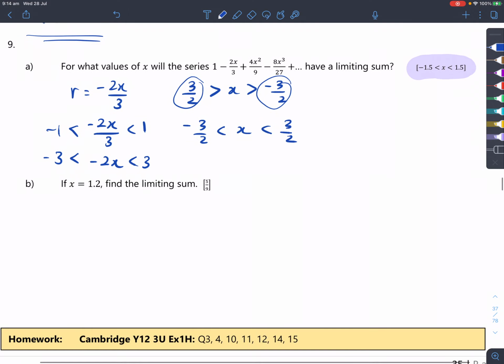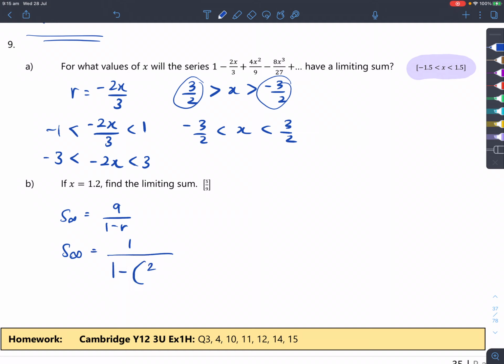Now that x is 1.2, according to the question, what's going to be our limiting sum? S infinity is a over 1 minus r, which in this case is 1 over 1 minus negative 2x over 3, which is simply 1 over 1 plus 2x over 3.